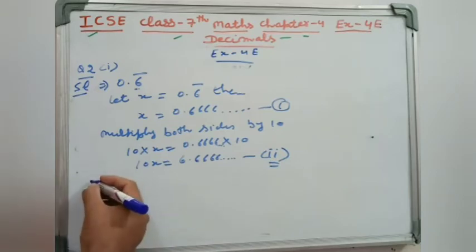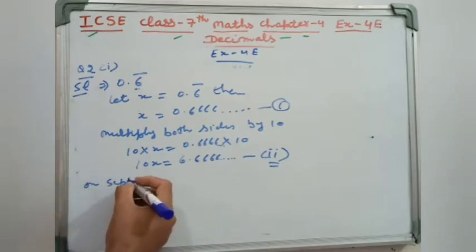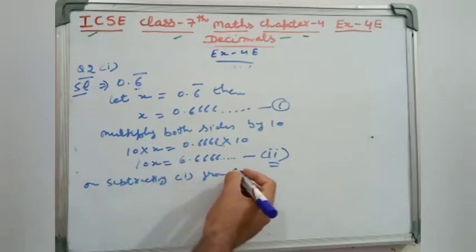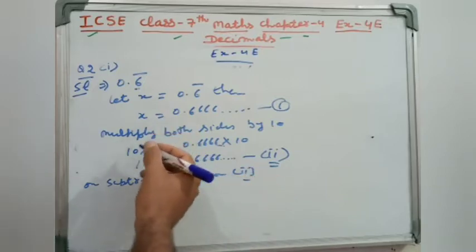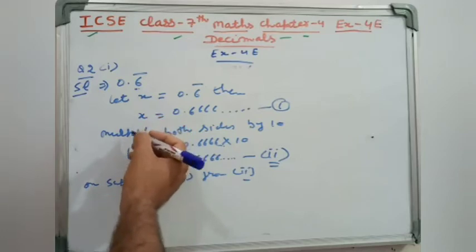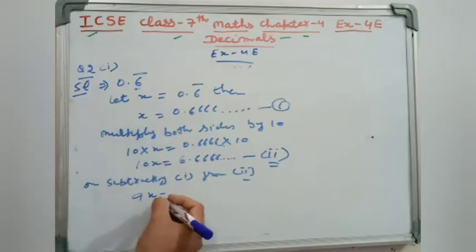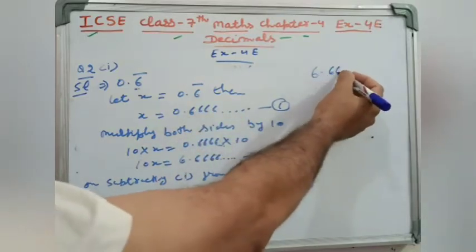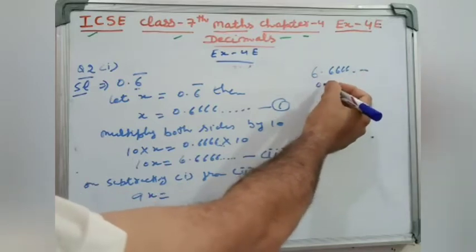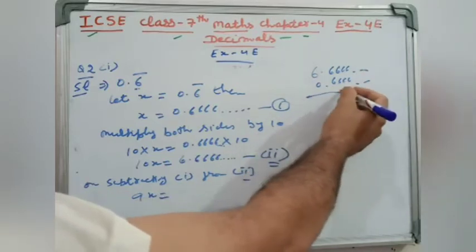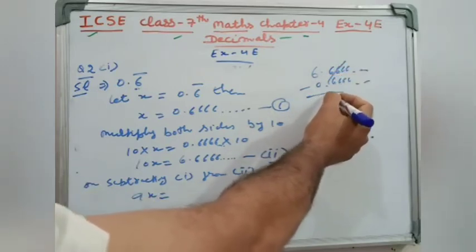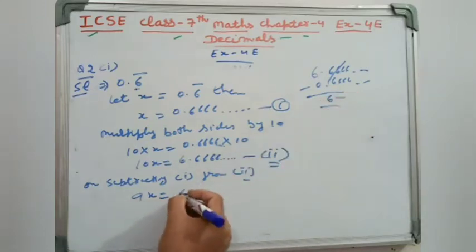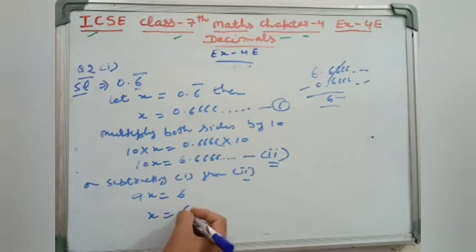On subtracting the first from the second, as the second is bigger, on this side 10x minus x gives 9x. And on the other side, 6.6666 minus 0.6666, the repeating parts cancel and only 6 remains. So 9x equals 6, and x equals 6 upon 9.